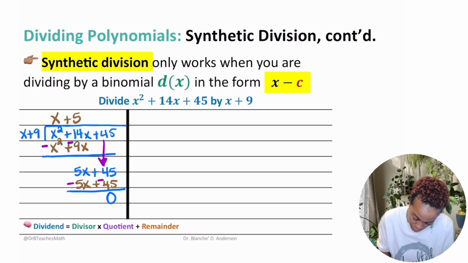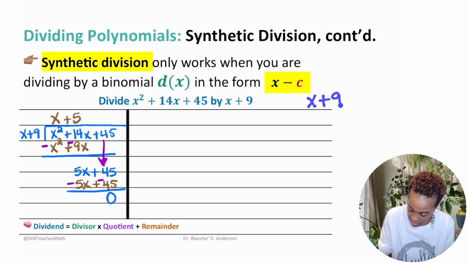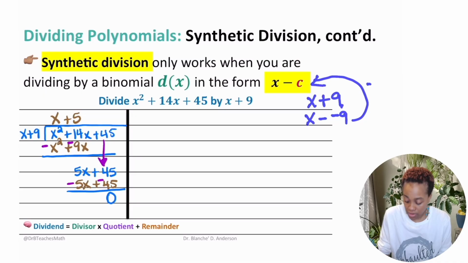So remember I told you we're only dealing with the coefficients. And then what I'm dividing by, I need to make it look like that. So right now I have x plus 9, but I need it to be x minus something. Do you agree that if I rewrite this as x minus negative 9, it fits this form here? Y'all see that? So x minus negative 9, it fits that form.